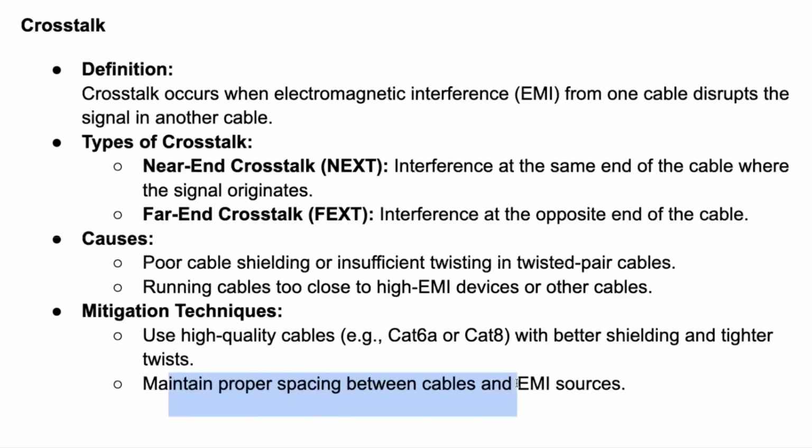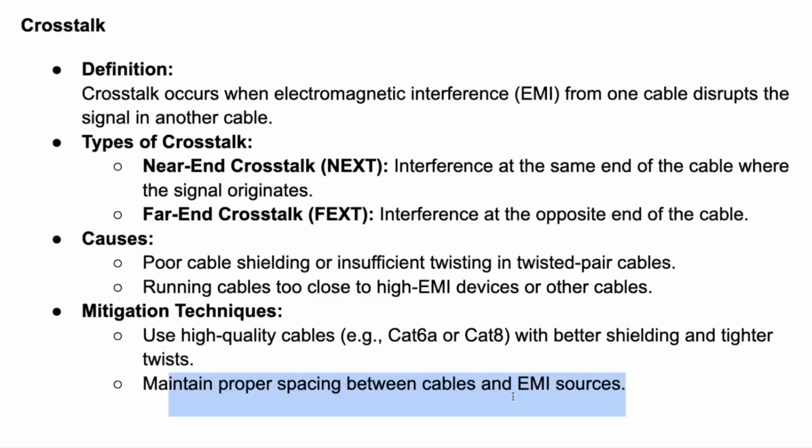Then maintain proper spacing between the cables and the EMI sources. So when you're putting your devices, if you're using the same rack to house multiple devices, make sure you at least have one unit, the rack unit that we were talking about, which is 1.75 inches. So each unit is 1.75 inches.